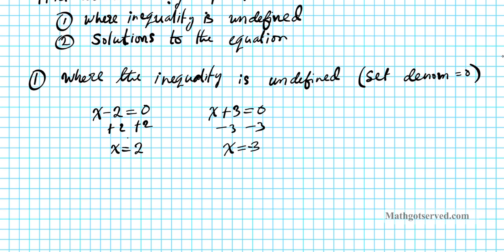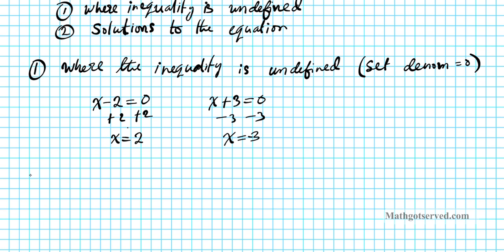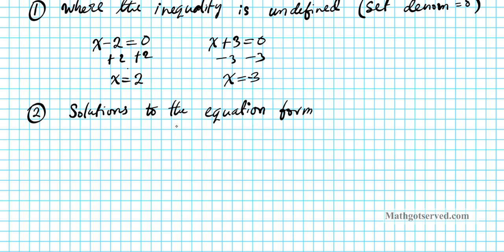All right, now we're going to get this next set of boundary points by finding solutions to the equation form, okay? What do I mean by equation form? You simply convert your inequality into an equation and solve it as though you were solving a rational equation problem.